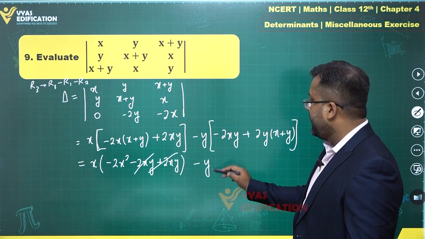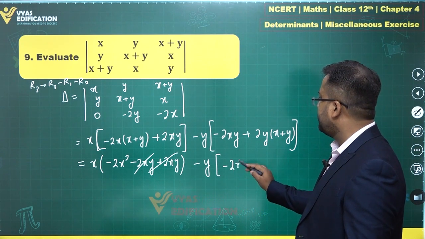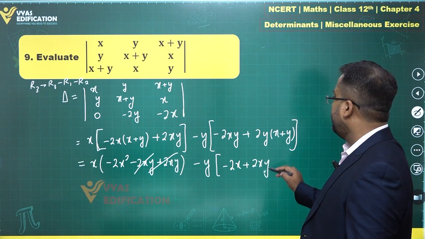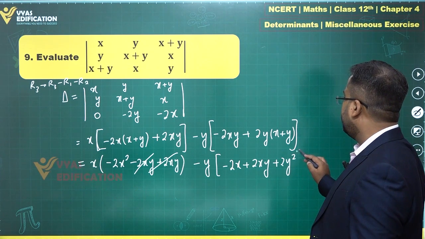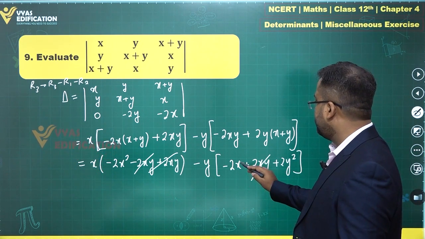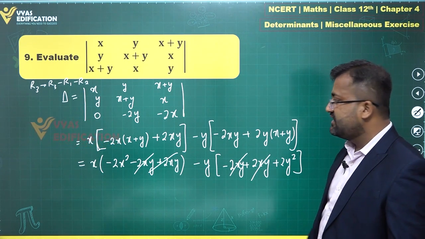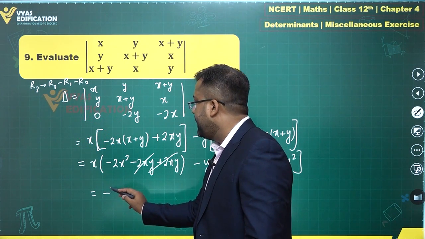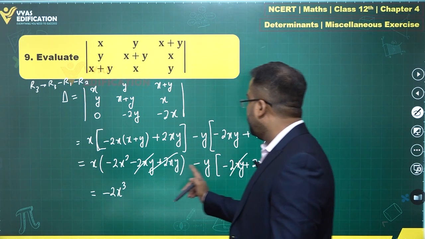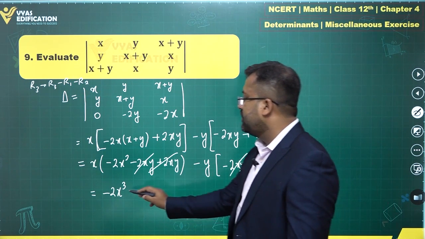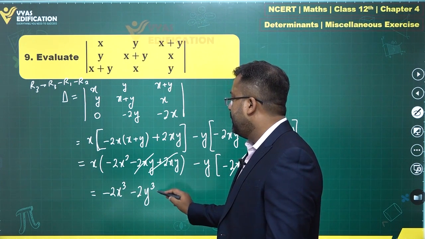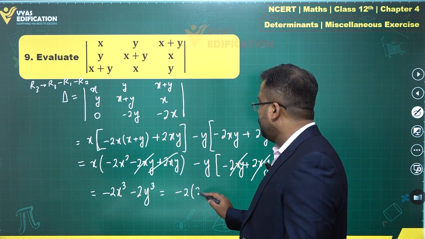This is minus y. What about this? This is minus 2xy plus 2xy plus 2y square. Yes, minus 2xy, right, plus 2xy. This will get cancelled, and this becomes minus 2x power 3. This becomes minus 2y power 3.